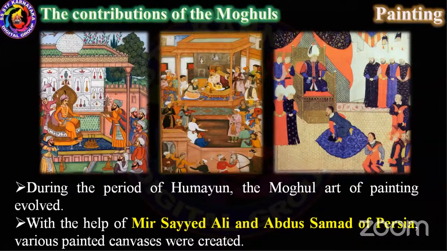Mir Sayyid Ali and Abbas Samad created these paintings. These are the famous painters of the Mughal period. They came from Persia.